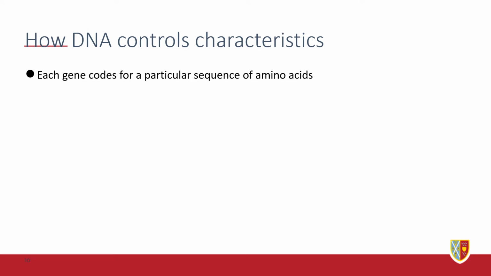A and T always go together, C and G always go together, opposite each other on the opposite strands, and these code for a particular sequence of amino acids. Amino acids are the parts that make up proteins. You might remember this from digestion. We'll talk about what happens when proteins are broken down. They're broken into amino acids.